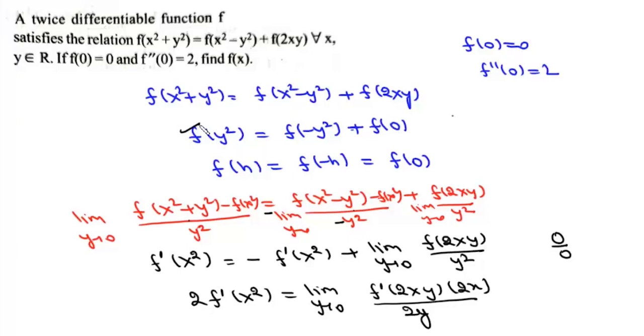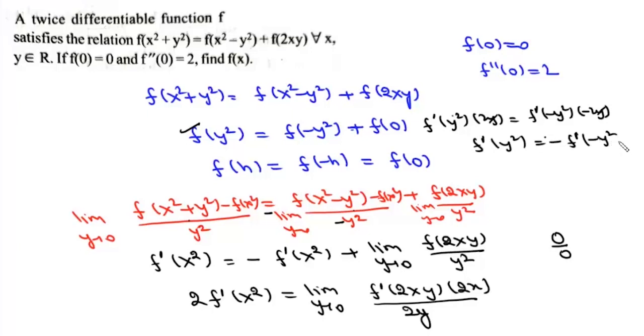When we differentiate this with respect to y, we can say f dash y square into 2y is equal to f dash minus y square into minus 2y. Now for y not equal to 0, we'll always get f dash y square is equal to minus f dash minus y square. If we put y as 0, we'll get f dash 0 as 0. Now again, this is 0 upon 0 form.